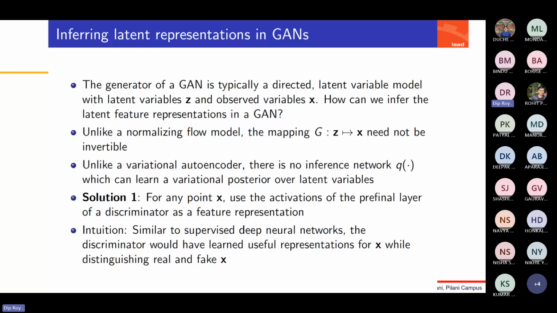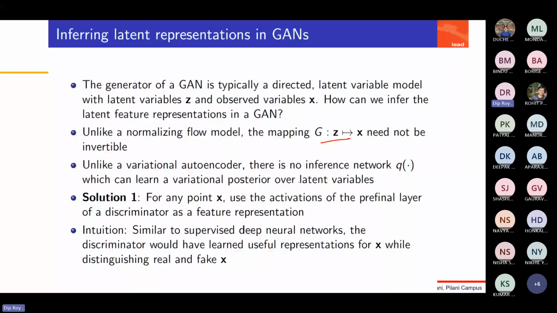In normalizing flow models we have a mapping, but here the mapping is not necessarily invertible, because making it invertible requires design constraints. We want our model to be very flexible, so it may not necessarily be invertible. And unlike VAEs, there is no inference network like an encoder, which can learn the variational posterior over latent variables.